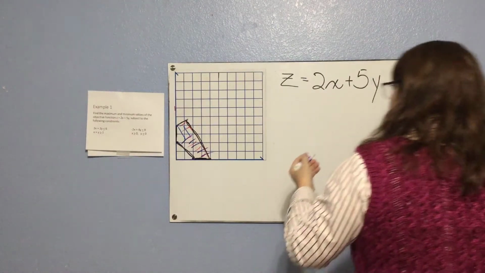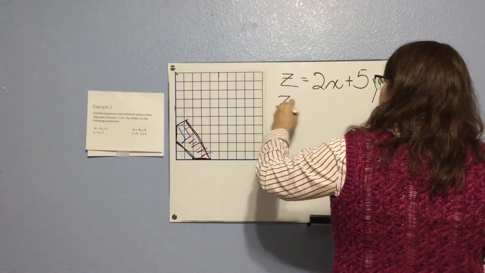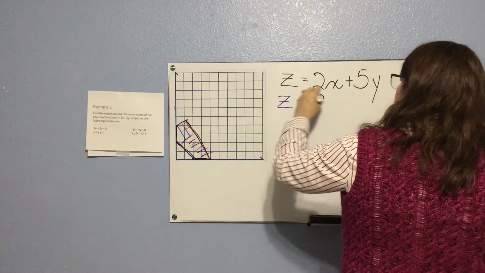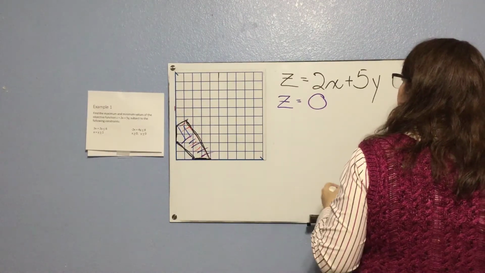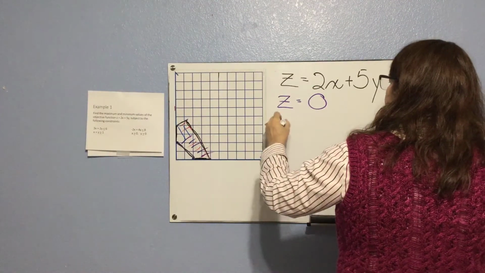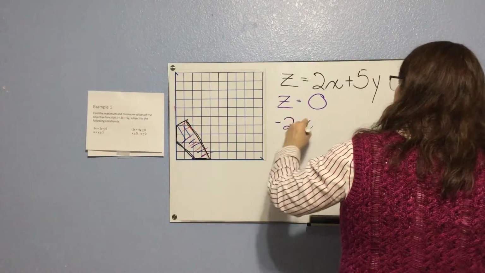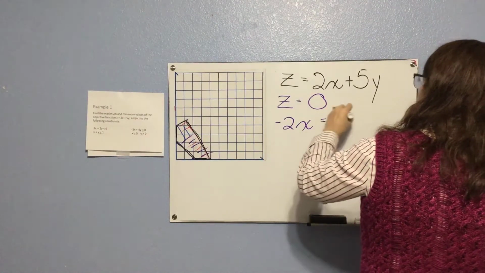Let's try z equals 0. For z to equal 0, negative 2x would have to equal 5y.